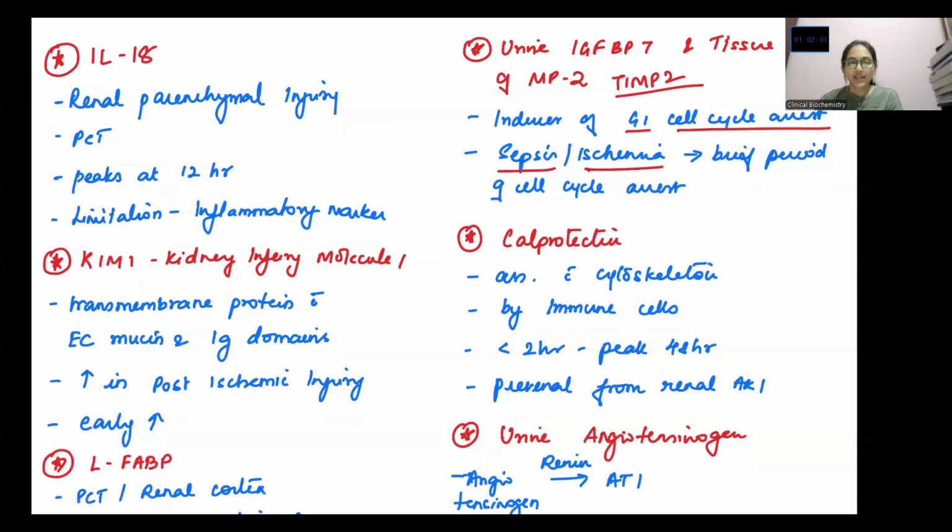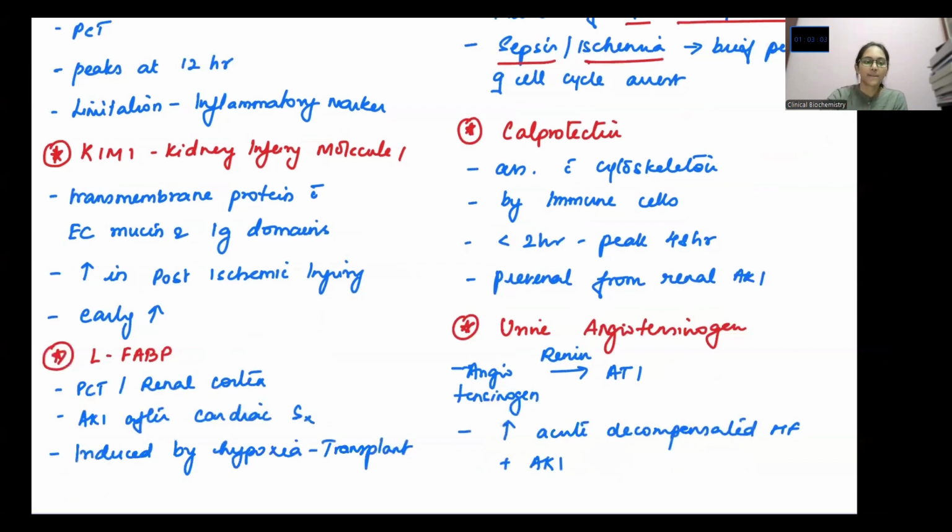Next is urine angiotensin. Another marker is urine angiotensin. So what is this angiotensin? Sorry, urine angiotensinogen. Renin converts angiotensinogen to angiotensin 1. That's where we had learned about angiotensinogen, right? So when does this angiotensinogen get excreted in the urine?